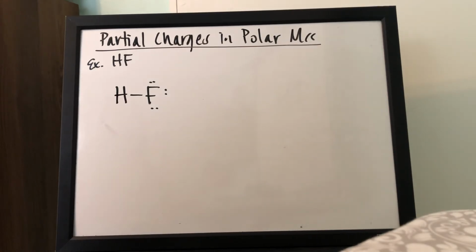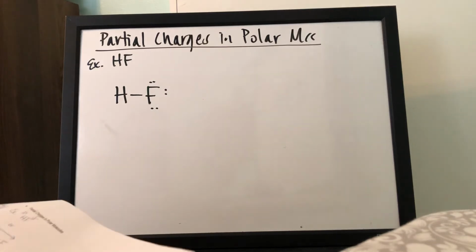Because fluorine pulls the electrons toward itself more of the time, it acquires a partial charge. Now, a partial charge is not a full charge, it's a partial charge, okay? But because fluorine holds on to the electrons more, fluorine acquires a partial negative.